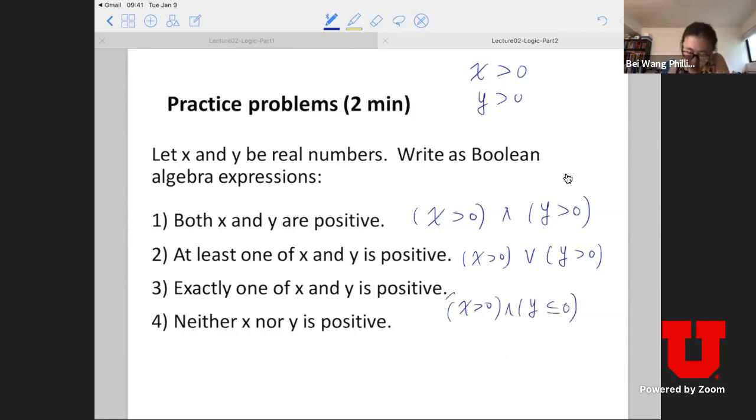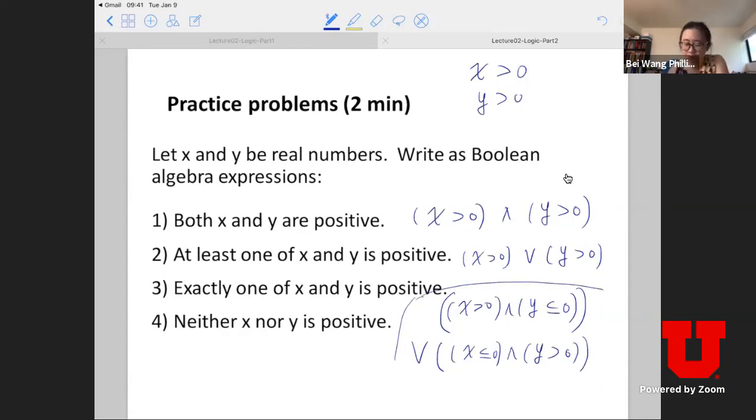That's the first part. Or only y is positive. So that means x is smaller or equal to 0 and y is bigger than 0. So this is this piece here.